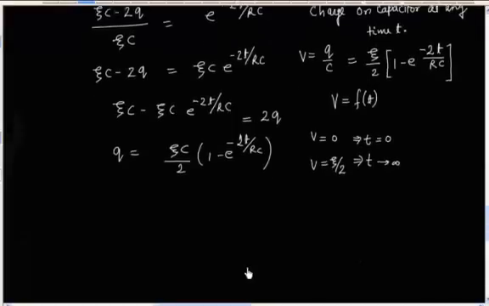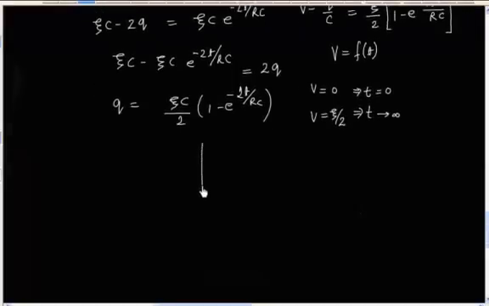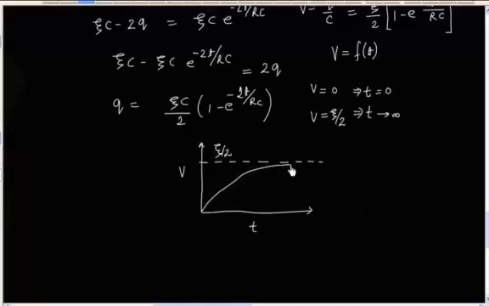So we can plot a graph, potential difference on the y-axis, time on the x-axis, and the maximum possible potential difference is xi by 2. So we will have something of this kind of graph.